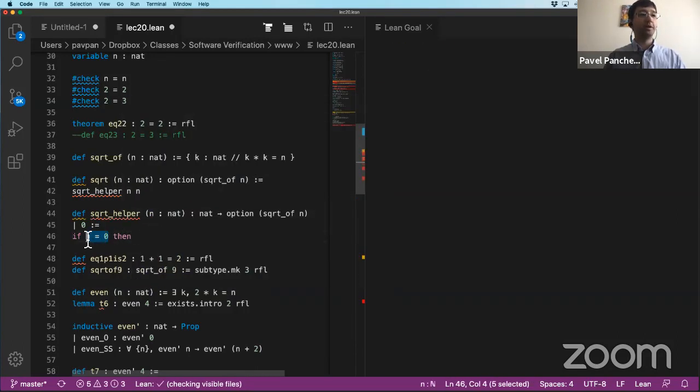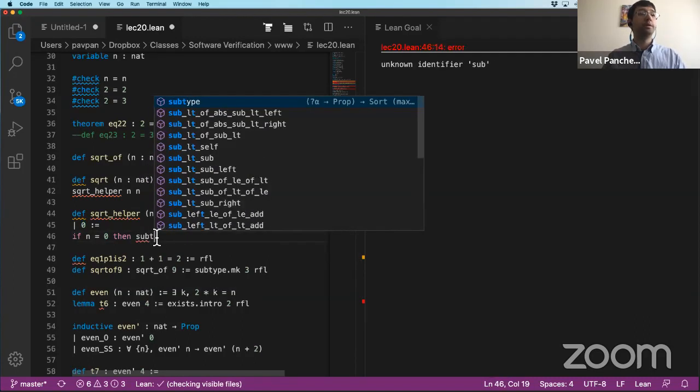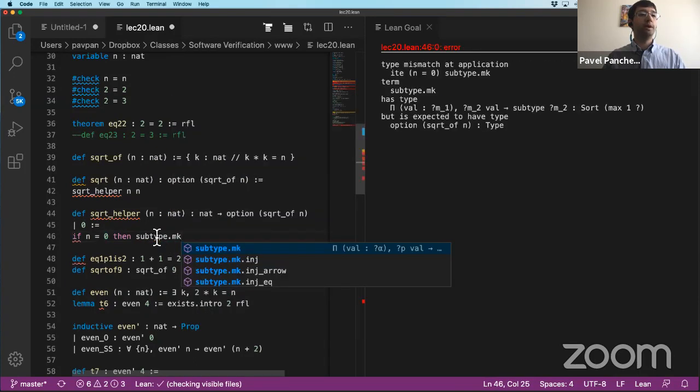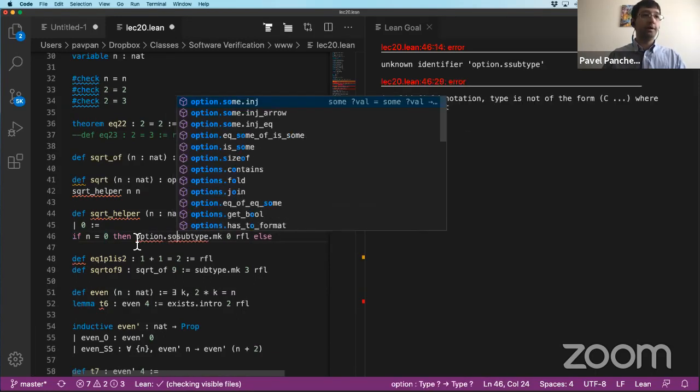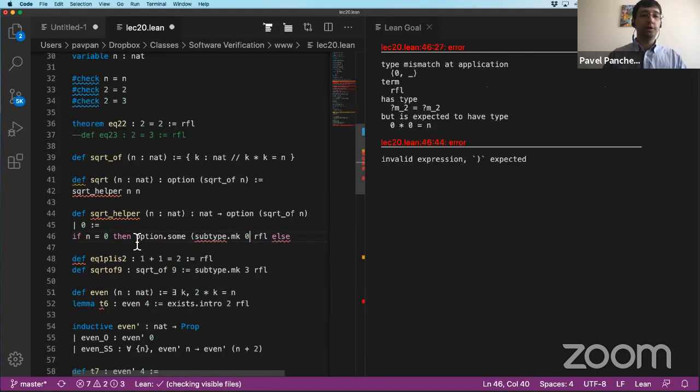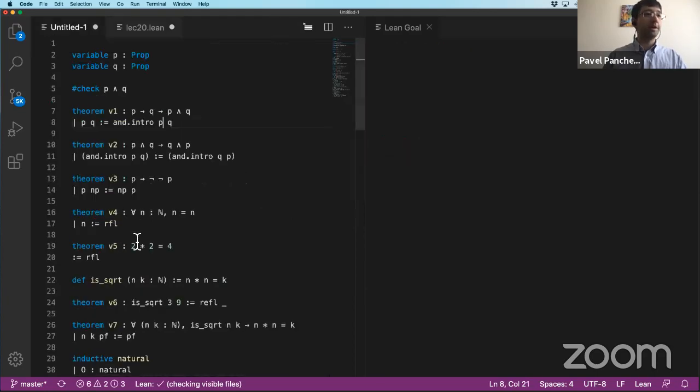Well, if n is equal to 0, then 0 is itself a great square root. So we can write Subtype.mk 0 rfl. And since we had Option around it, we've got to do something like that.